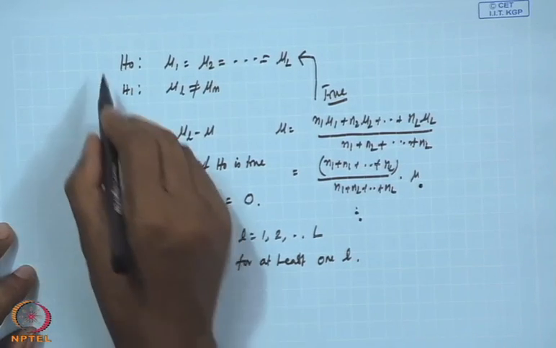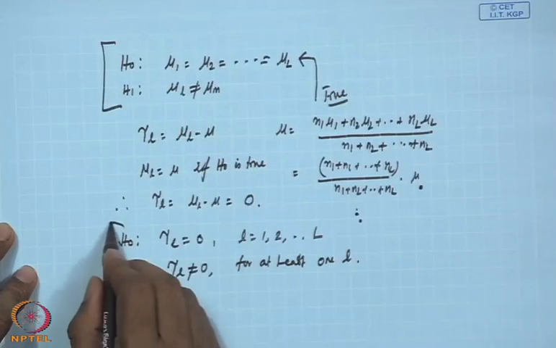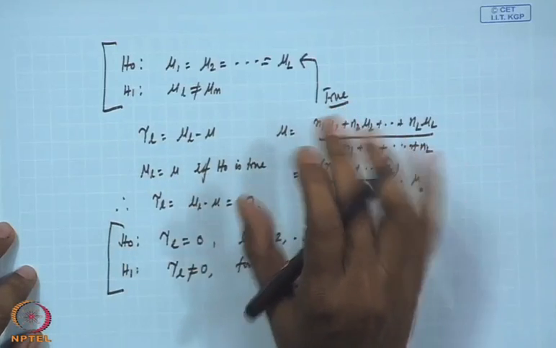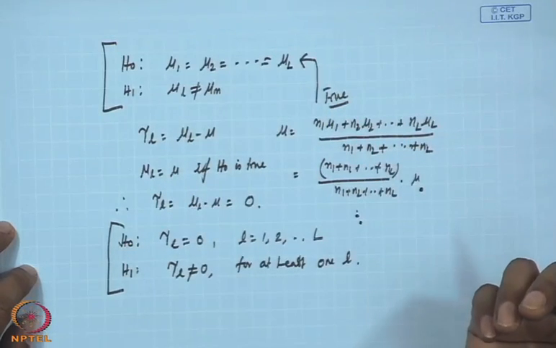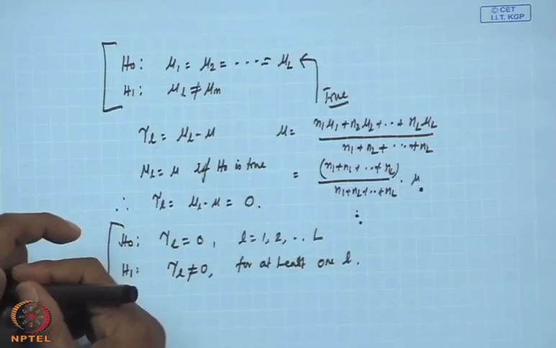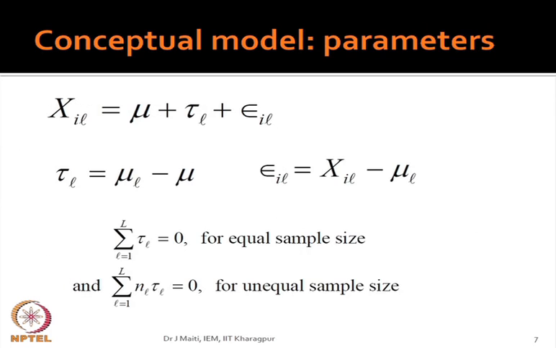So, if you test this hypothesis in terms of mu and the other hypothesis in terms of tau L, you are actually doing the same thing. Okay. So, in MANOVA we will do this in the same manner like ANOVA, partitioning the observation.